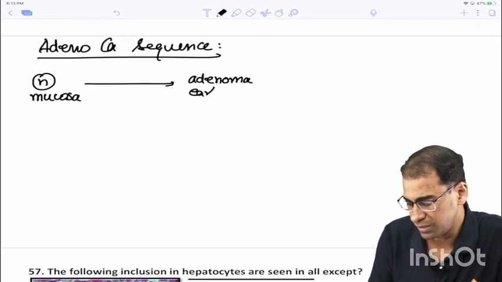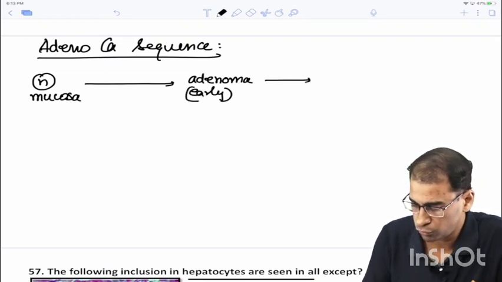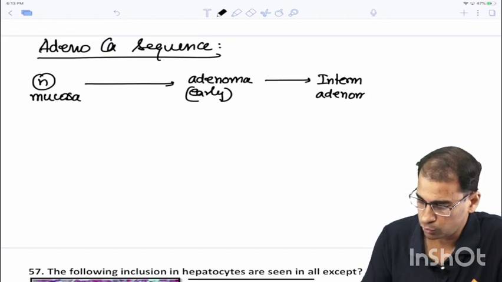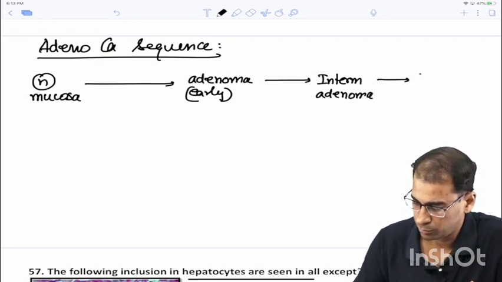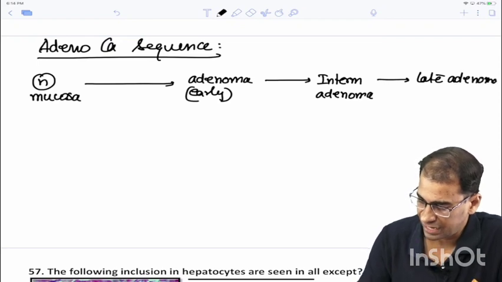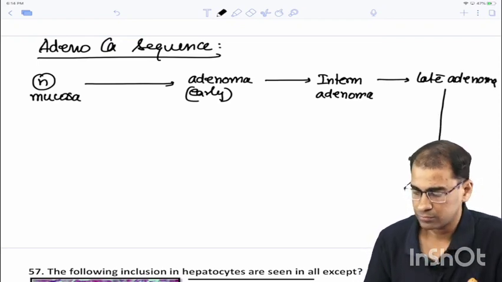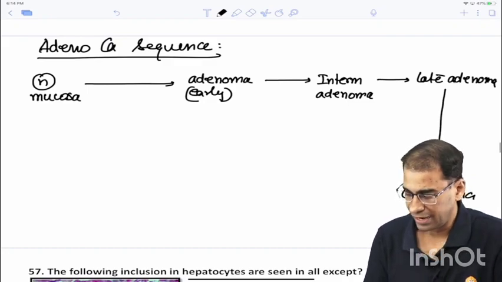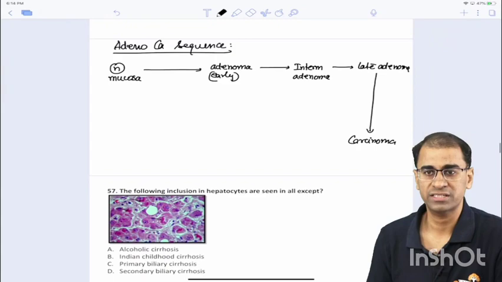The adenoma sequence-wise will be early, then move to intermediate risk, then move to high risk adenoma, or you can say late adenoma, and finally this adenoma will lead to a carcinoma, hence called the adenoma-carcinoma sequence.